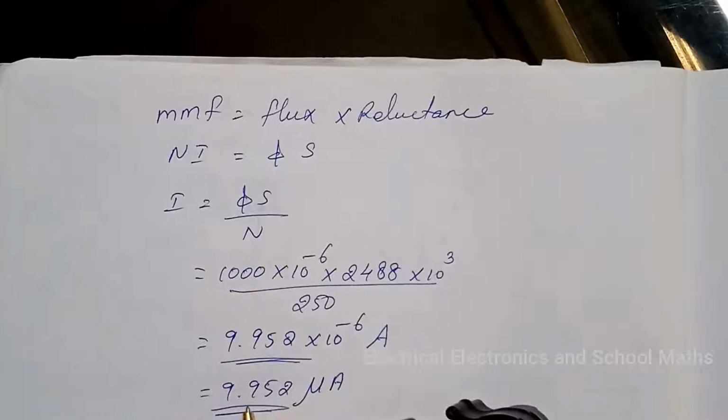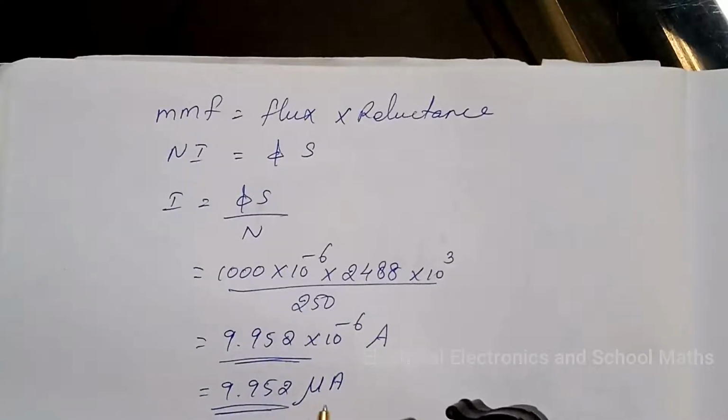After solving this we get 9.952 into 10 raised to minus 6 ampere or 9.952 microampere.